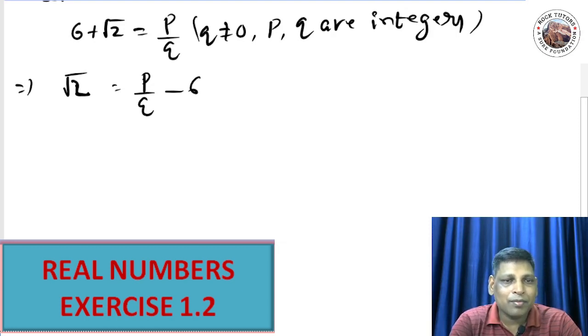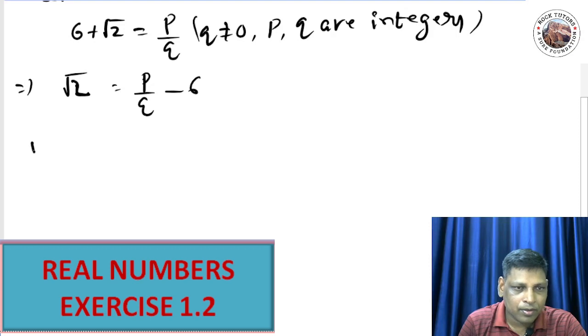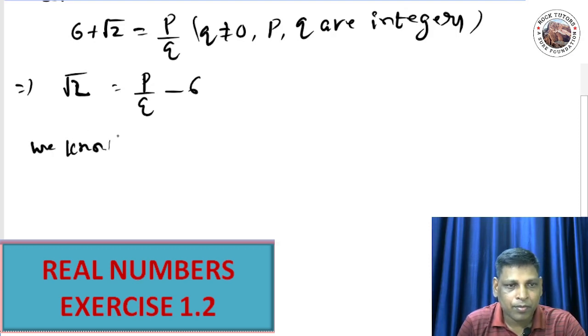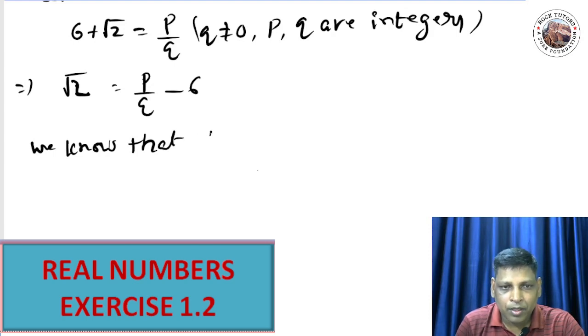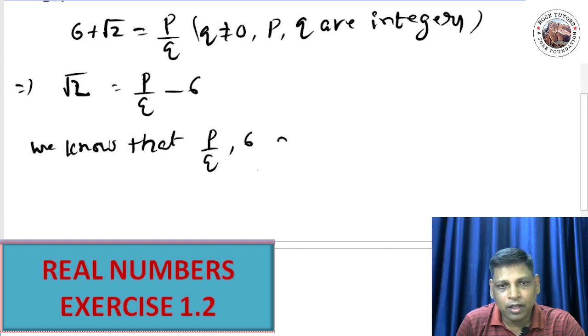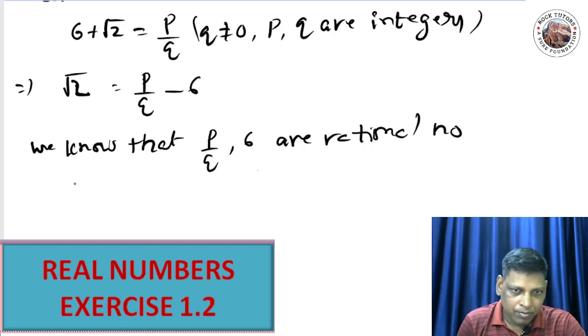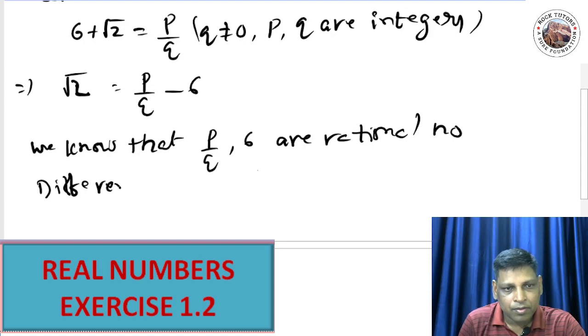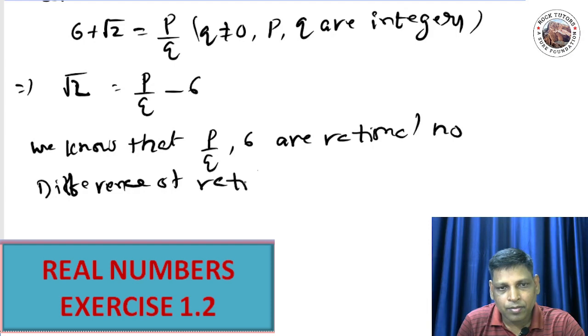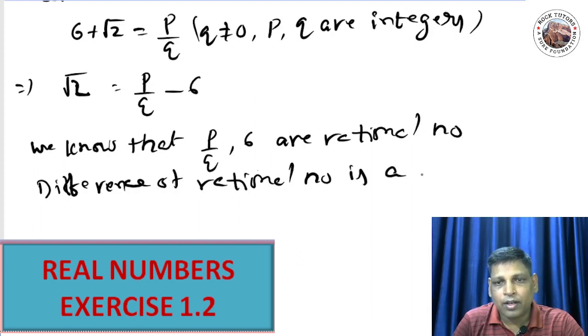The difference of rational numbers is a rational number.